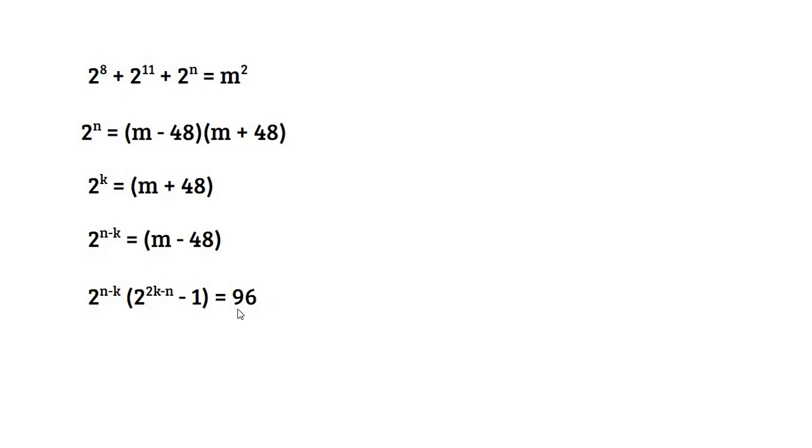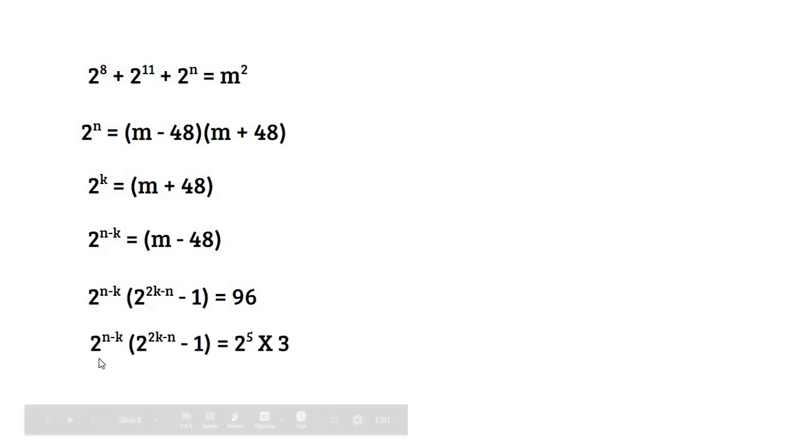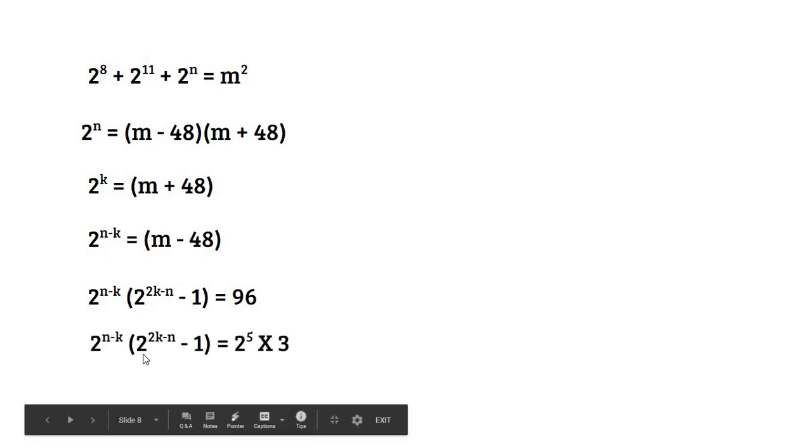Well, 96 has 2 to the 5th in its prime factorization. So let's think of this equation as 2 to the n minus k times (2 to the 2k minus n, minus 1) is equal to 2 to the 5th times 3. Then 2 to the 5th is the 2 to the n minus k factor, and 2 to the 2k minus n minus 1 is the 3 factor.